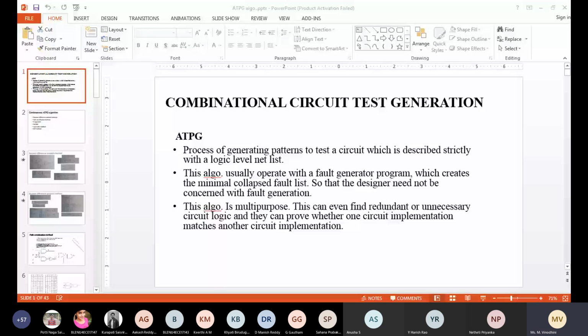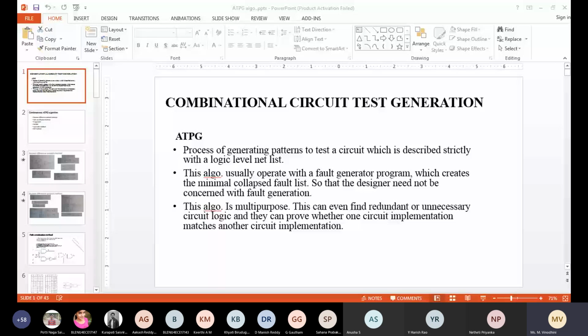So if I want to use these algorithms, I will be given a circuit and a fault. I will not be given the test vectors. Using this algorithm, for the given circuit and the specified fault, I can identify which test vector will test that fault.